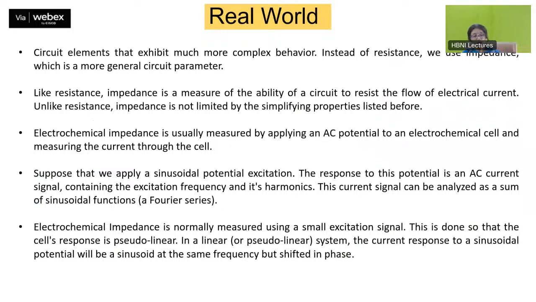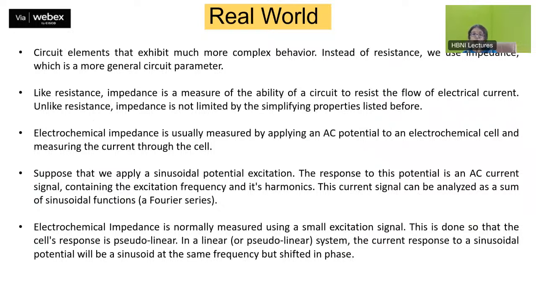But in real life, what happens? The circuit elements are much more complex. So instead of resistance, we will use the term impedance. Resistance is for a very ideal system, whereas we use impedance when we have a complex or real-life system. In a circuit, what we talk about as the circuit resistance, we generally call impedance. Impedance is a measure of the ability of a circuit to resist the flow of electrical current.